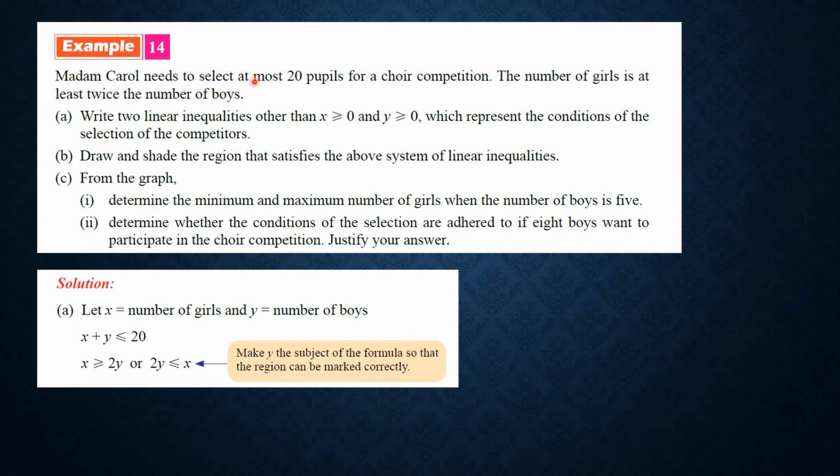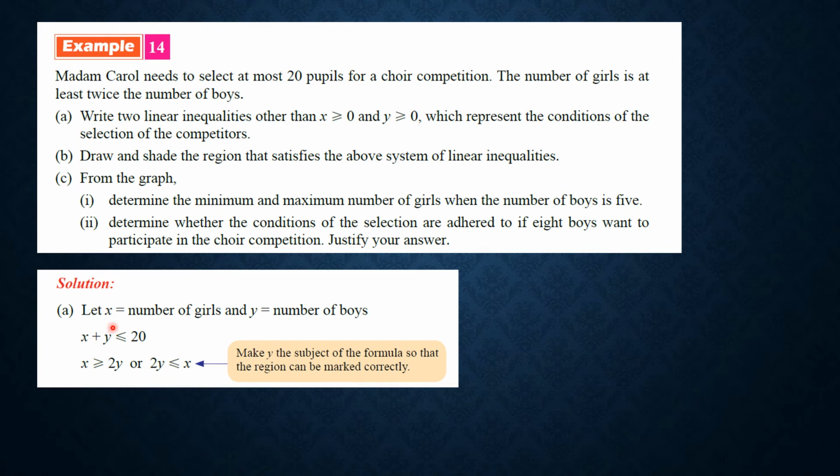So at most 20 means it cannot be beyond 20, cannot be greater than 20. So when we add both, x plus y must be less than or equal to 20. This is the first inequality. Then the number of girls is at least twice the number of boys.